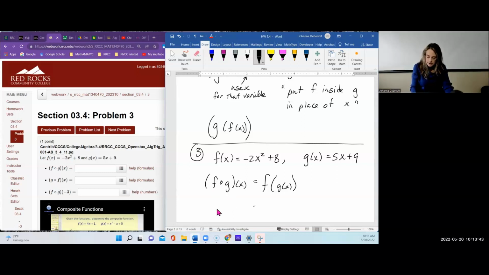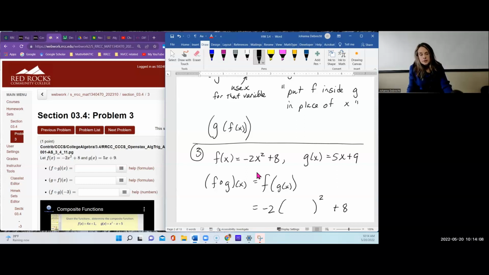How do we do this? Well, this is basically substitution again. It's exactly what we've had before. This notation here makes it more clear. Write the function called f, but leave empty parentheses in place of the variable. Here's f, negative 2x squared plus 8. So we write negative 2, open a hole, squared, plus 8.